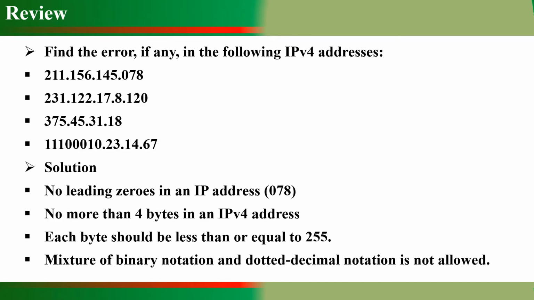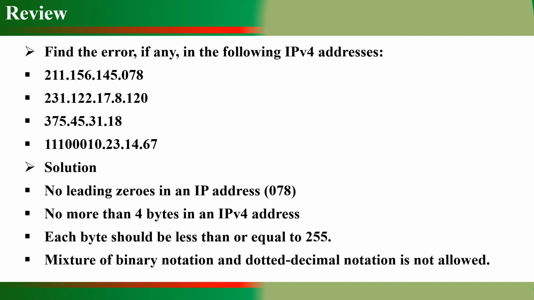Here we have to identify the error in the given IP version 4 addresses. First address is 211.156.145.078. Can you find some error in this address? This address is wrong as it contains 078, because there should not be any leading 0 in an IP address.